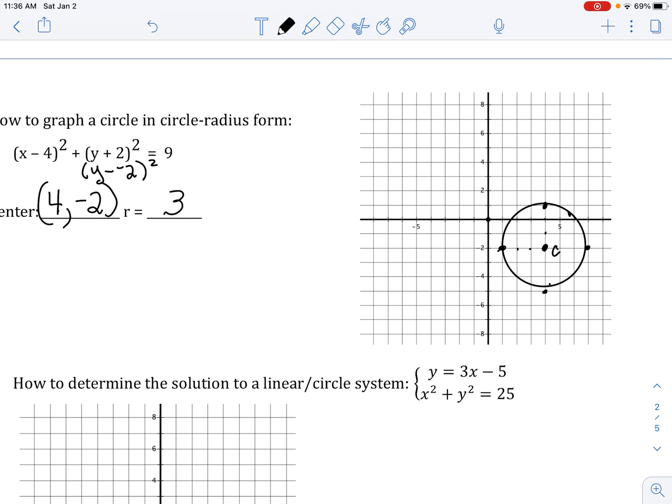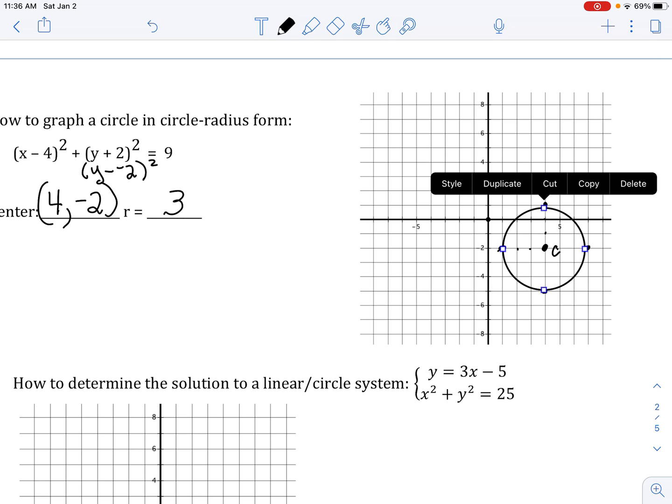If you make the circle and hold it down, like you make a line, it will create a circle. Gives you a pretty decent picture. Let me just see if I can make that be just a little more circular. There we go. Good enough. All right, so that's how you graph a circle. Plot the center, count off the radius, draw your circle.